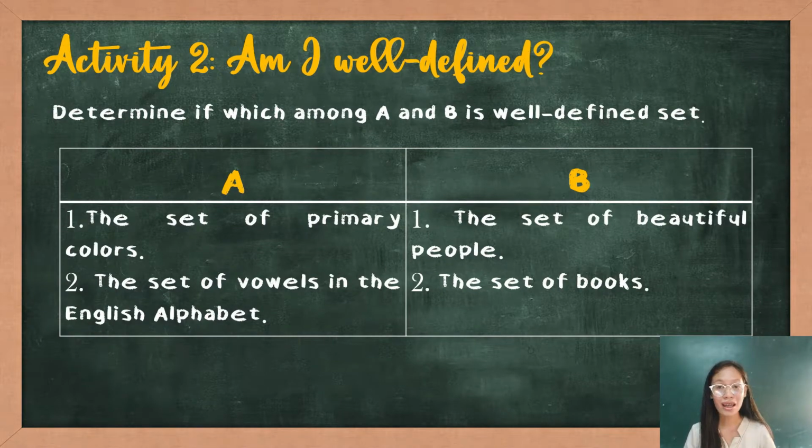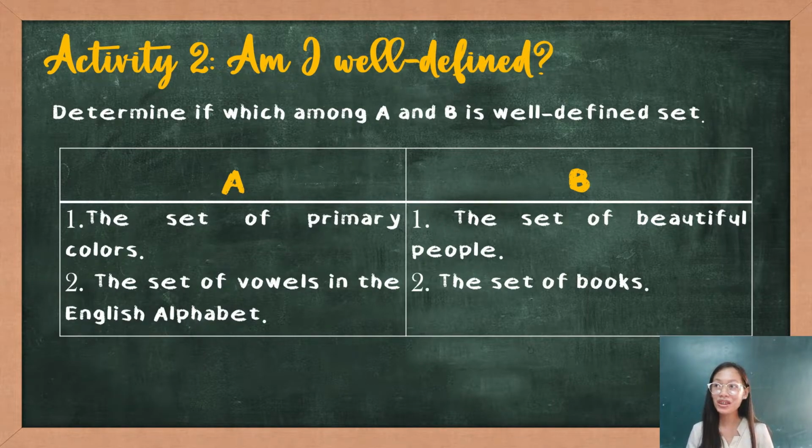In the set of beautiful people, it depends on the point of view of a person. Some people you may find beautiful, but others, not. On the other hand, the set of books is not well defined, but we can specify it, just like saying the set of Harry Potter books because it has its series.